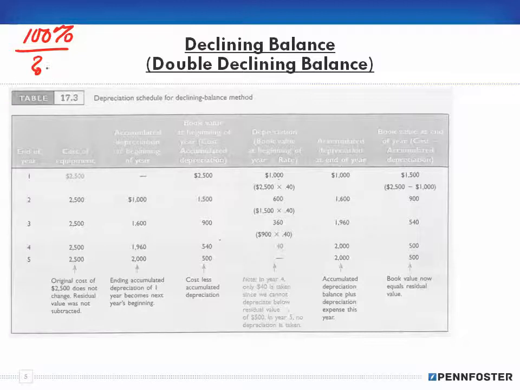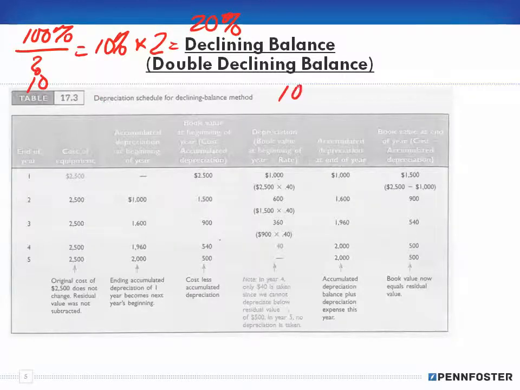Let's say I use 10 as my useful life. That means I would have 10%, and then I'm going to multiply by whatever factor I want. Again, in using the declining balance, most often we use 2 because you want to take the most expense, and that means we would use a rate of 20% each and every year.